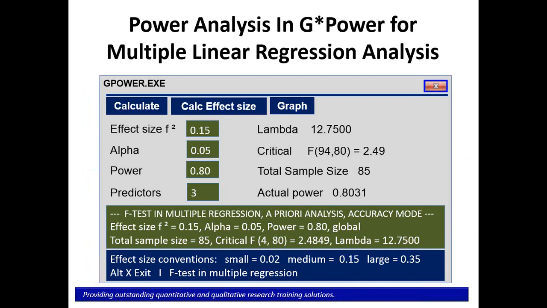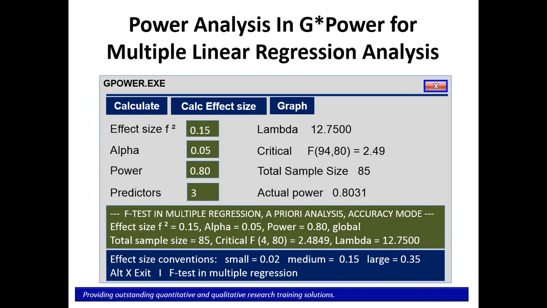It says medium is 0.15. Alpha is set at 0.05 in the next line, power set at 0.80, and how many predictors do we have? That figures into the power too. We can say we have 3 predictors, and let's assume all 3 will be in the regression model, so we put that in there.